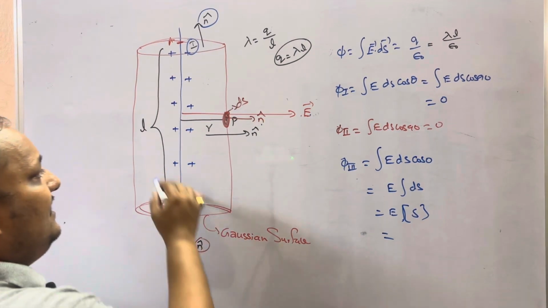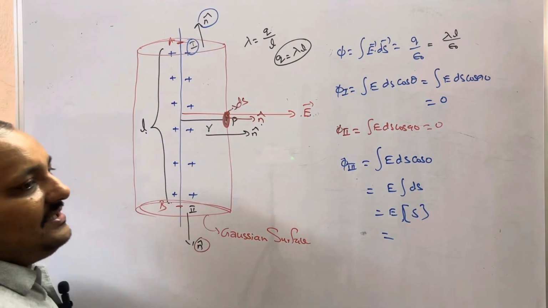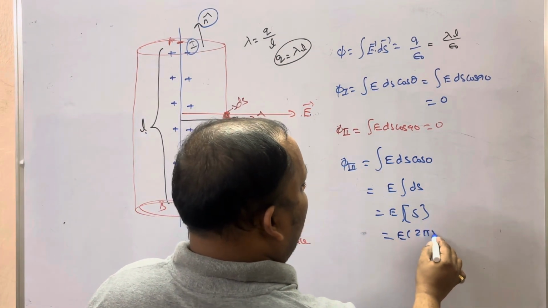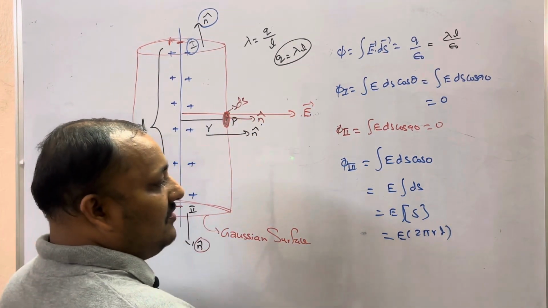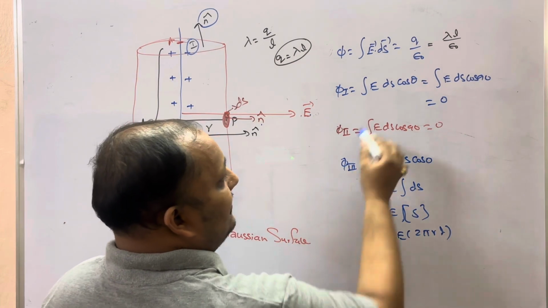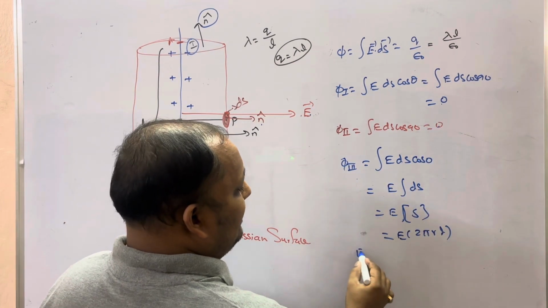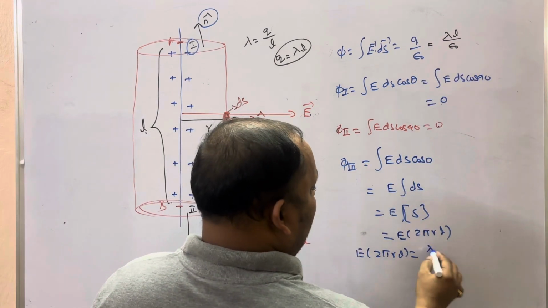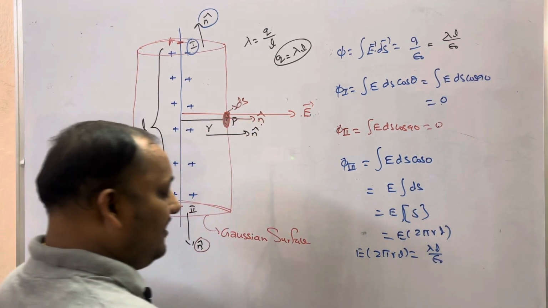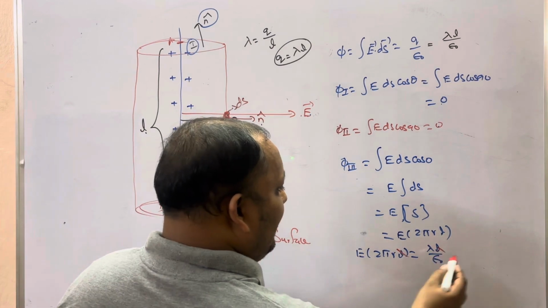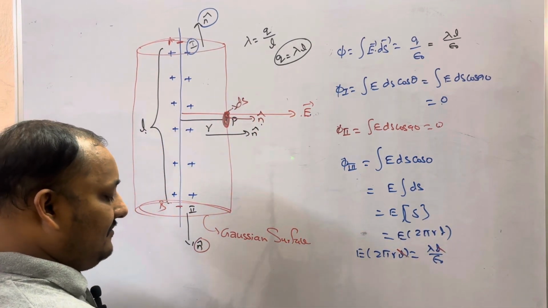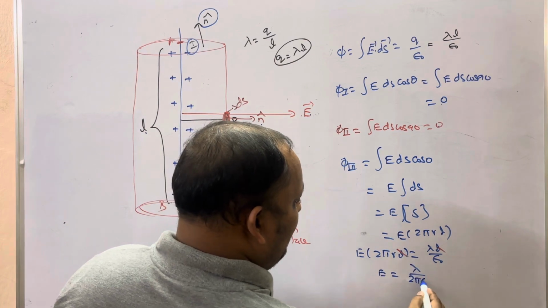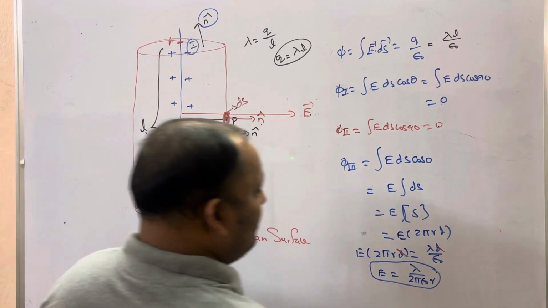The length is L and the distance is radius R, so the surface area is 2 pi R L. The total flux is 0 plus 0 plus this, that is E into 2 pi R L, equal to lambda L by epsilon naught. If you cancel L and L, that is the final answer: E is equal to lambda by 2 pi epsilon naught R.